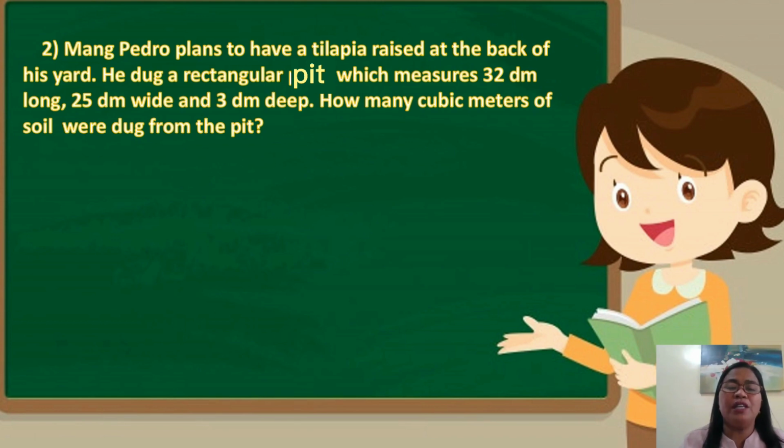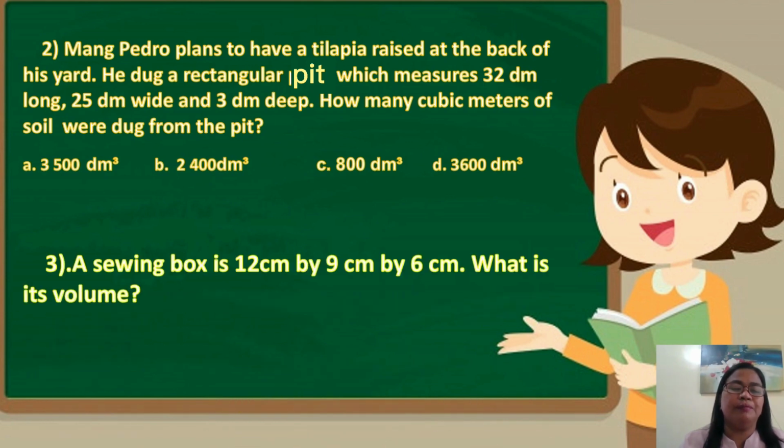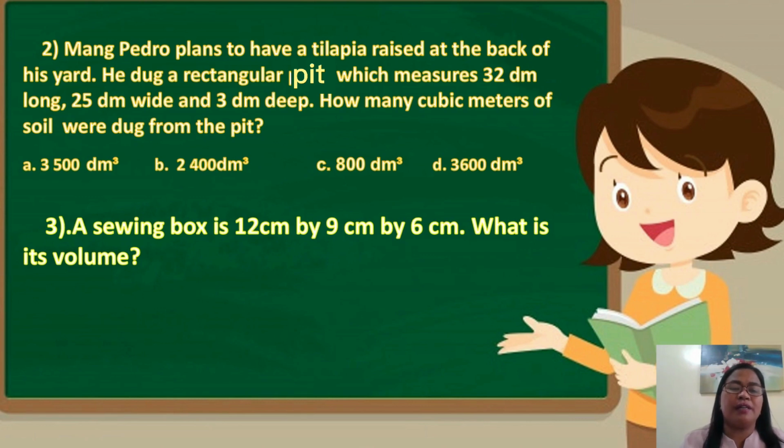How many cubic meters of soil were dug from the pit? Next problem. A sewing box is 12 cm by 9 cm by 6 cm. What is its volume?